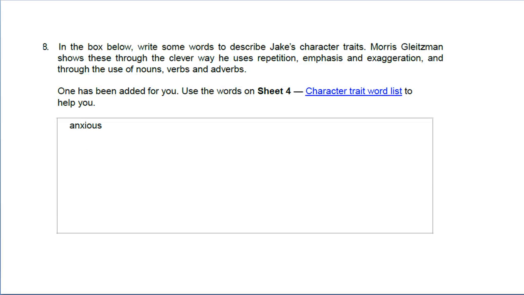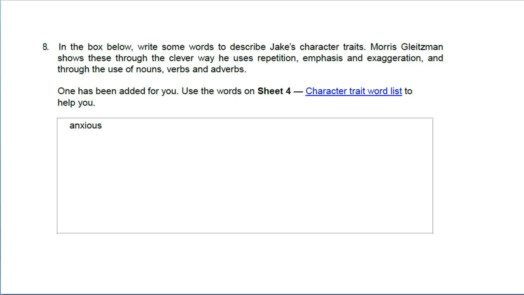Now when we come across characters in stories, we can relate to characters in particular ways, mainly because some of them might have similar traits to us. Perhaps they're a stressed out character and we feel like that sometimes. Perhaps they're a nervous character or a quiet character, and that's how you are.